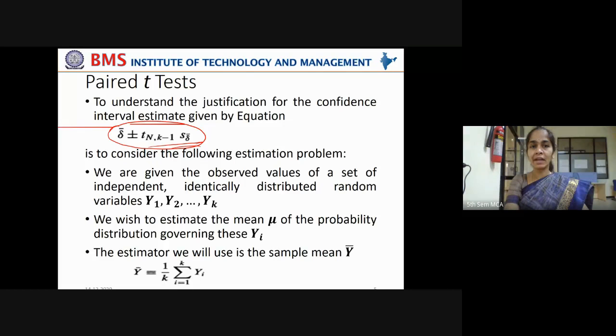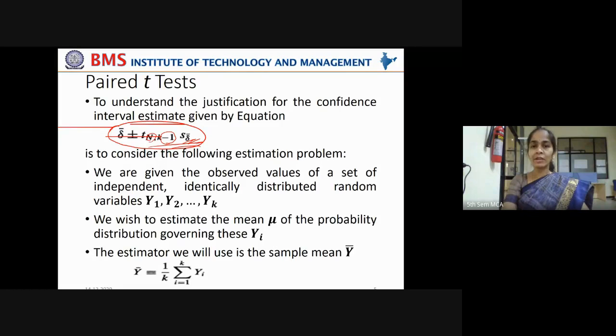Listen carefully how I am reading this, so that each time you are understanding this concept, you also read this mathematical notation in complete English text, so that you will memorize it easily. So it is the mean error plus or minus the critical value t at confidence interval N and k minus 1 degrees of freedom multiplied by the standard deviation of the estimated mean error.